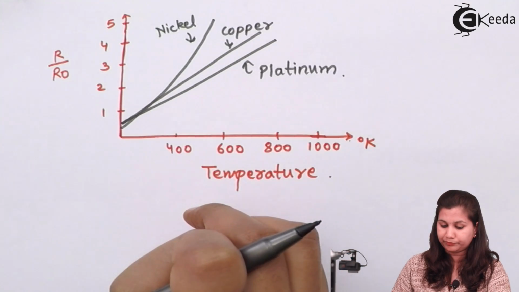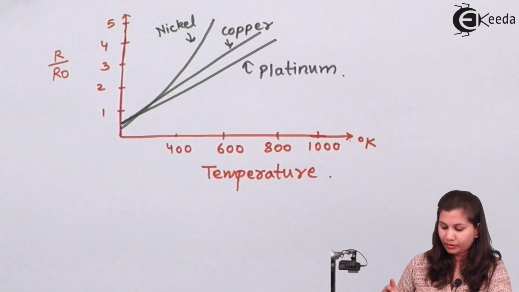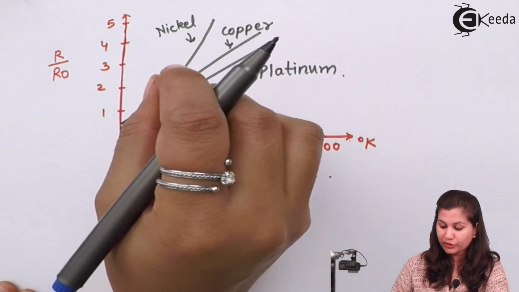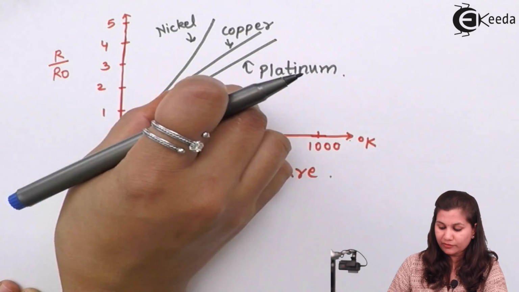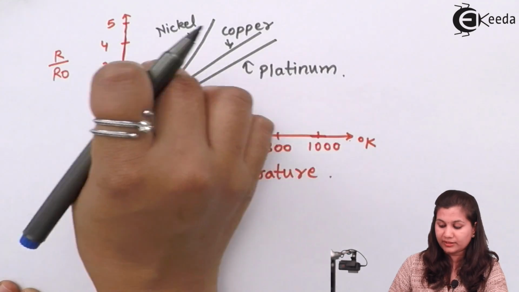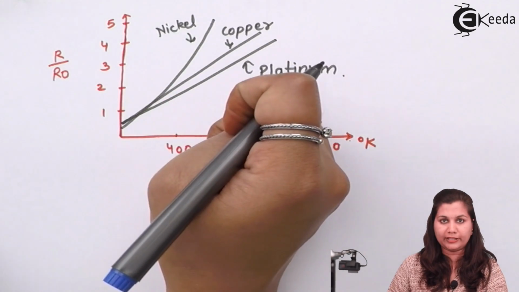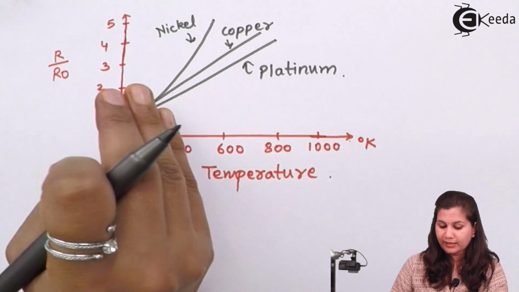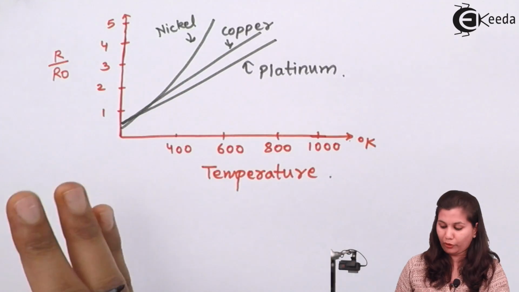Now if we see the characteristics for a small period of time, like for a small temperature range, and see the changes in the resistance, we will see that we have a linear relationship. So for these characteristic graphs, we have two types of approximations.